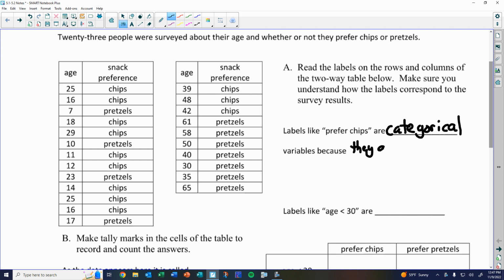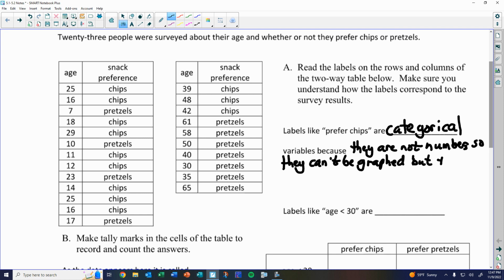They are not numbers, so they cannot be graphed. But they can be put into a two-way table or a frequency table.